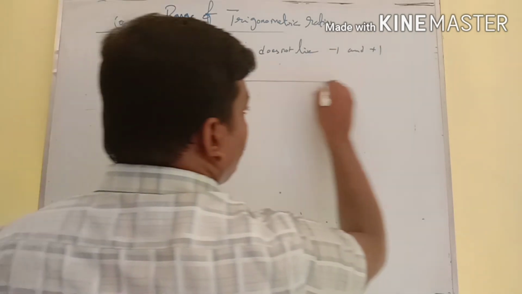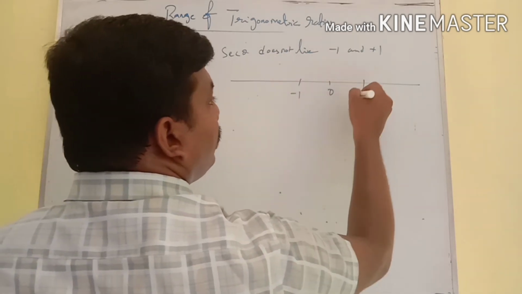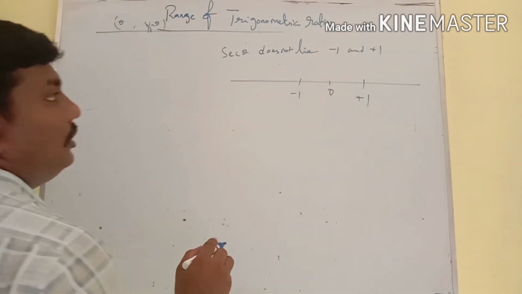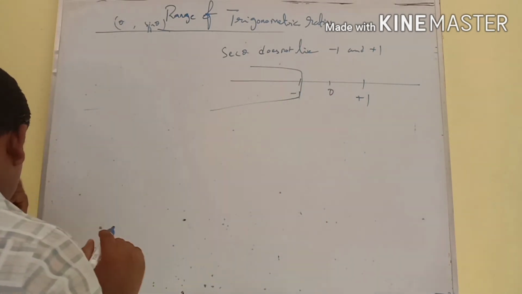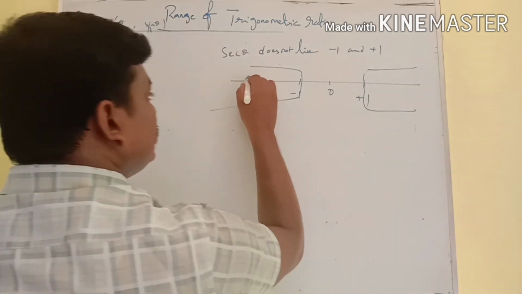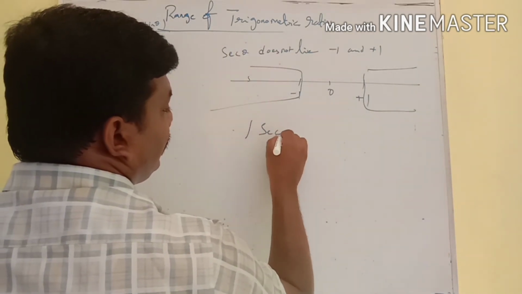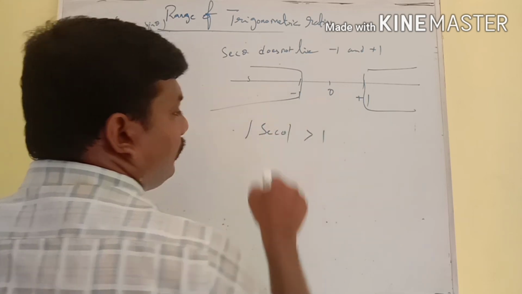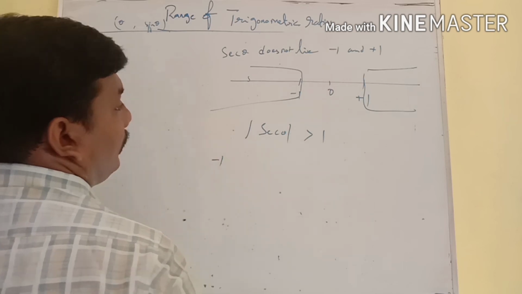Consider on the x-axis this is minus 1, 0, plus 1. So secant theta will be less than minus 1 or greater than plus 1. That means modulus of secant theta is greater than 1.